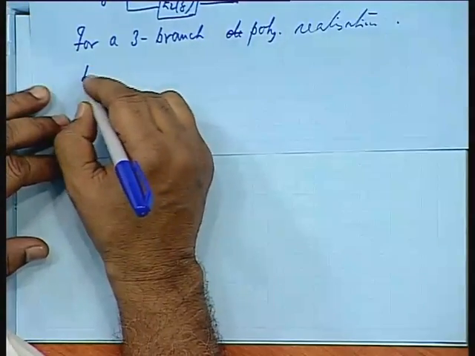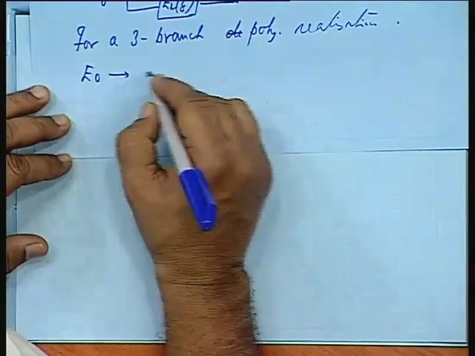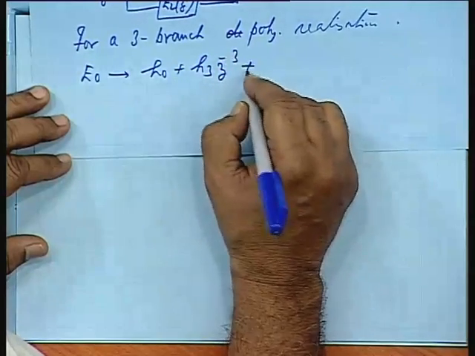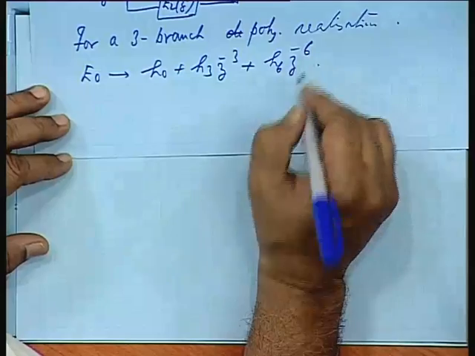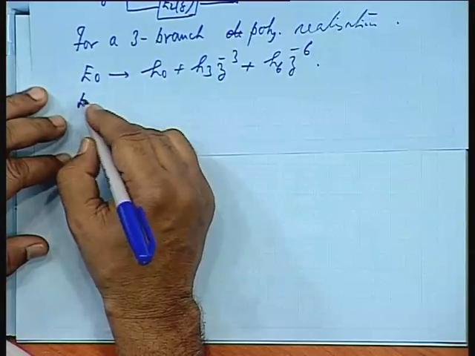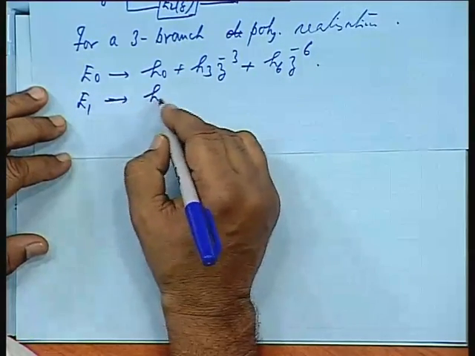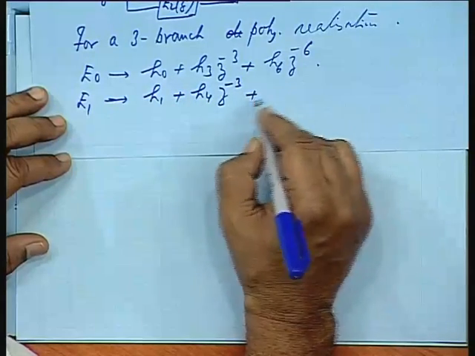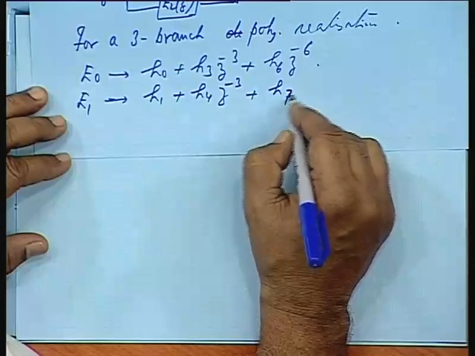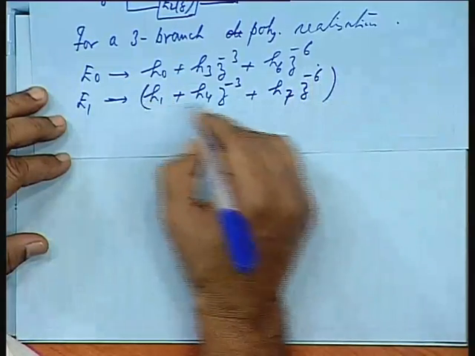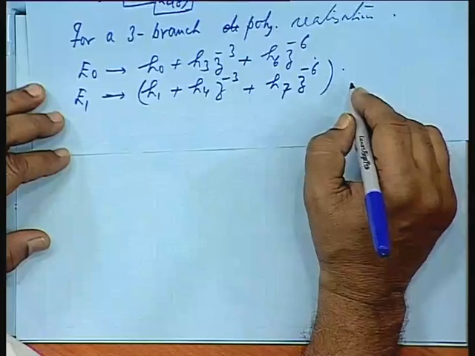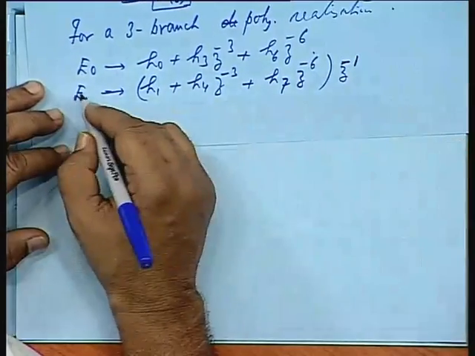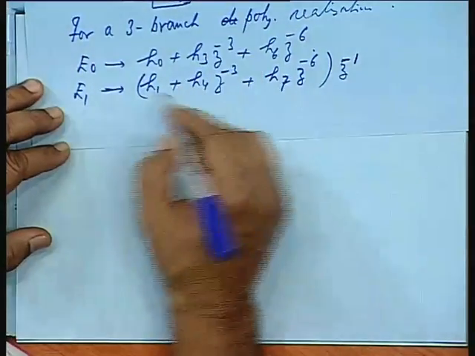So, we have got E0 as H0 plus H3 z to the power minus 3 plus H6 z to the power minus 6. E1 was H1 plus H4 z to the power minus 3 plus H7 z to the power minus 6, whole thing into z to the power minus 1. I mean E1 gets multiplied by z to the power minus 1, that is what I meant.